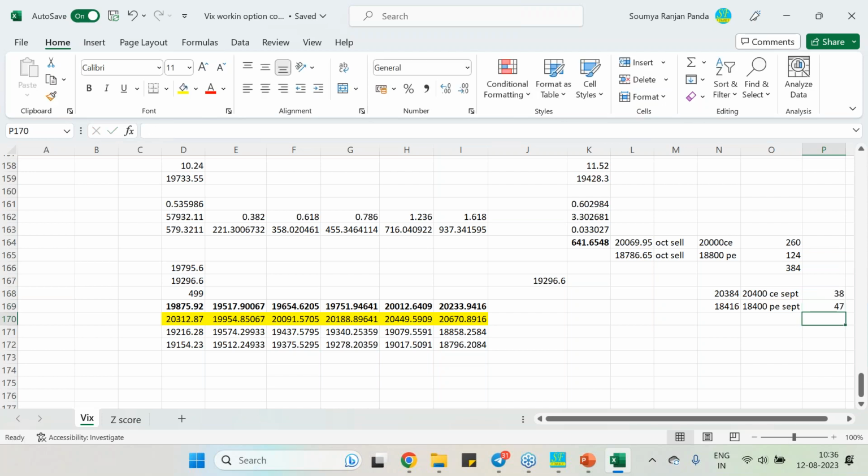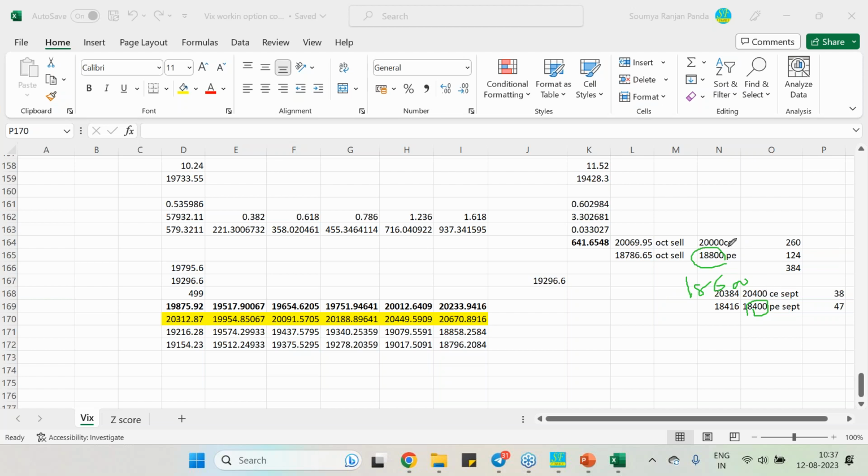Now, when to exit this strategy? Very important. If profit doesn't come, when should we exit? If this strategy goes wrong, look at the mid of the strikes. You bought the 18,400 put and sold 18,800, so the mid is 18,600. Quit at 18,600.